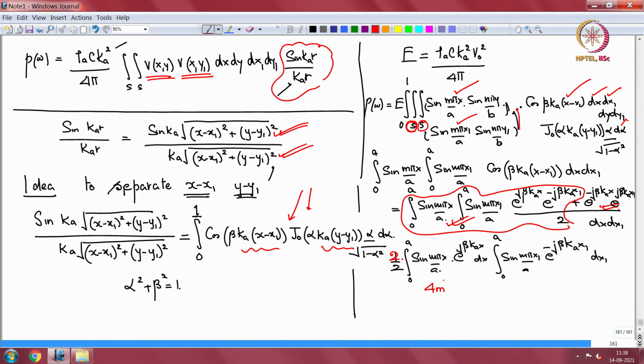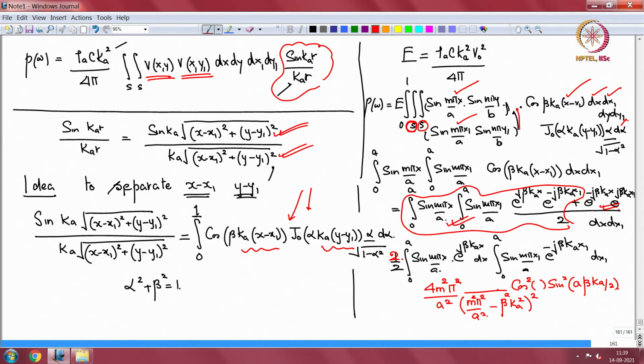I am not giving all the details now, it can be done by hand or Maple, doesn't matter. a squared, divided by (m²π²/a² − β²k_a²) whole squared, into either cos squared or sine squared of aβk_a/2.